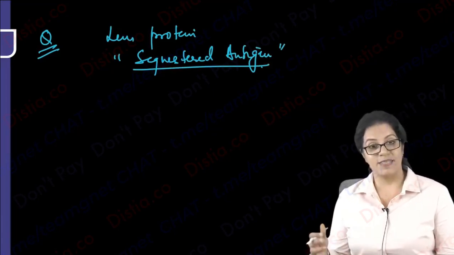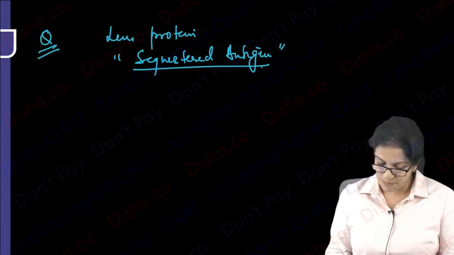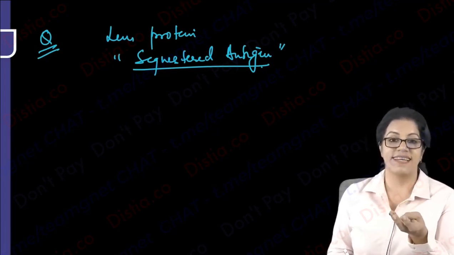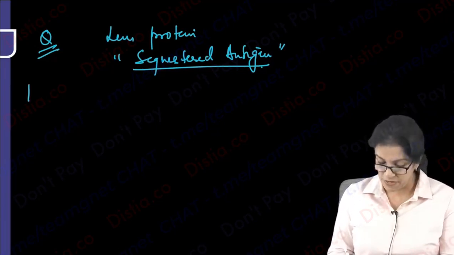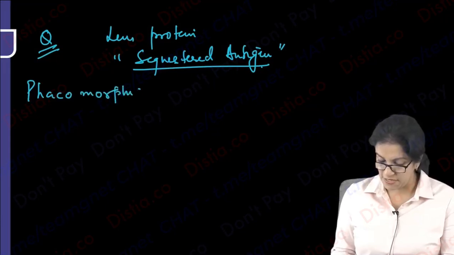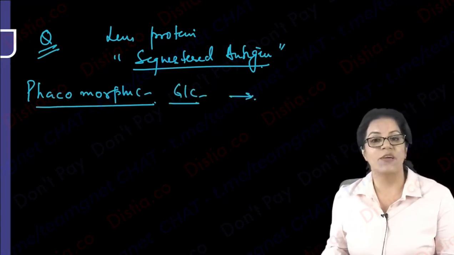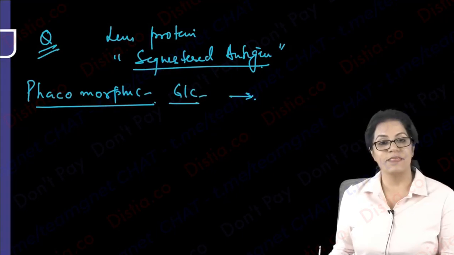Done? Another term. We learned phacolytic, phacotoxic, phacoanaphylactic. Now tell me what is phacomorphic. So morphology of the lens, due to morphology of the lens when there is glaucoma, we call it phacomorphic. What happens here?